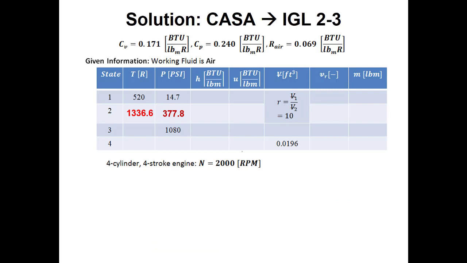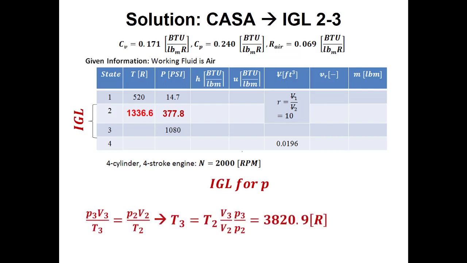That's what we've done. Now I'm going to move between state 2 and state 3, right? This is my heat addition process. This is not an isentropic process, so the only equation that I can use here is the ideal gas law equation. For the ideal gas law, I can find the pressure, P3, and if I hadn't already found P2, then I would have two unknowns here.